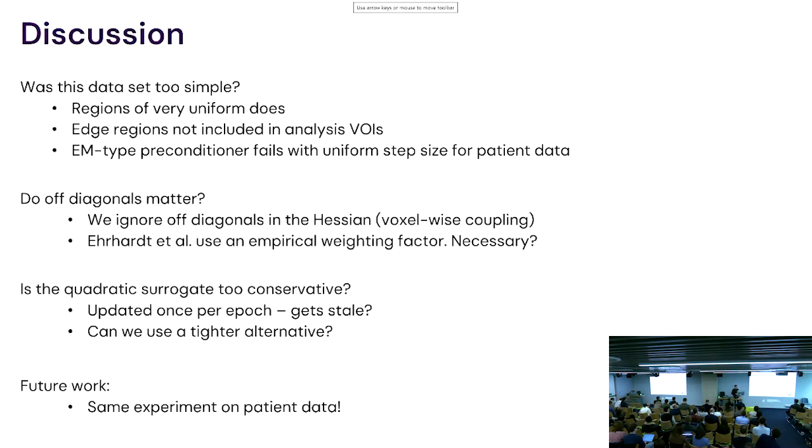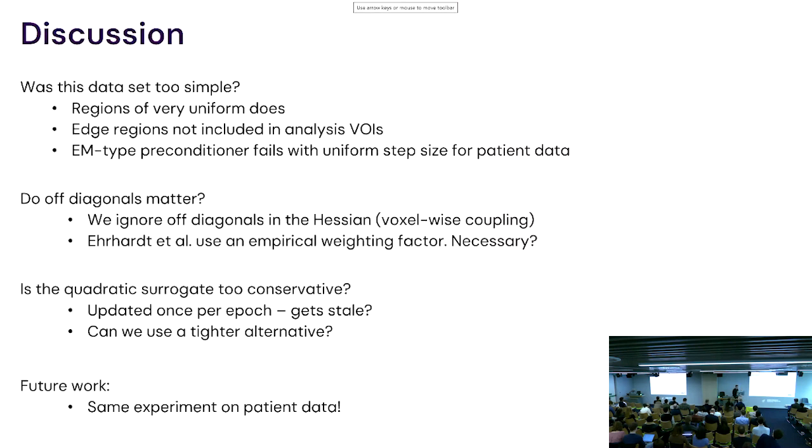Another thing to mention is that we throw away any off diagonals in this big Hessian. So this is the spatial off diagonals, with how different voxels interact with each other. And some recent work inspired by last year's PETRIC showed that using an empirical weighting factor to account for this was beneficial. So this is possibly something we could look at.